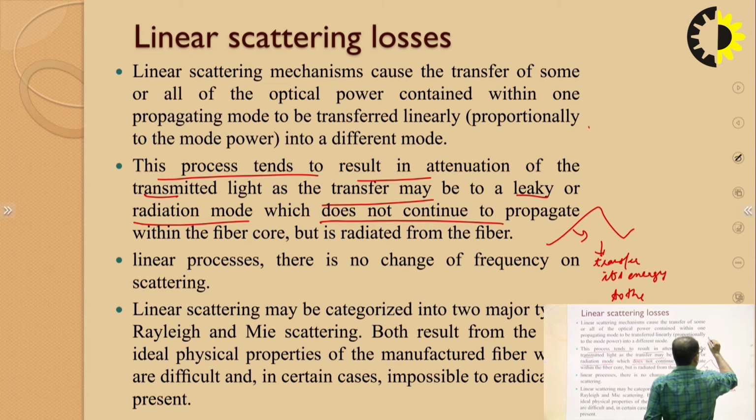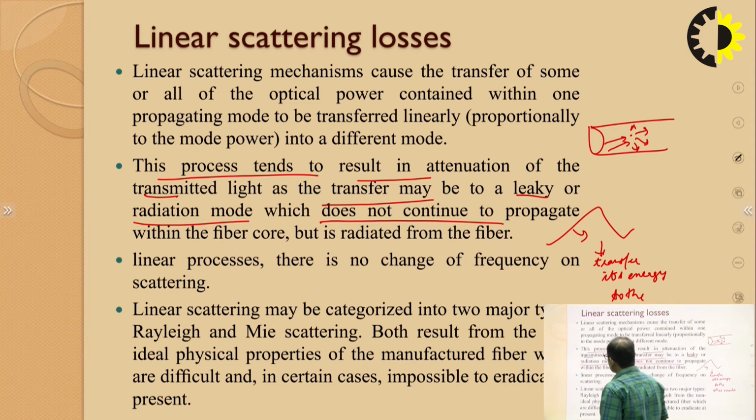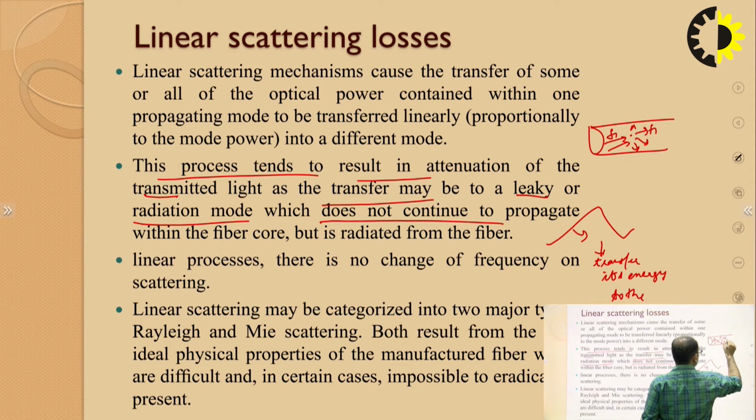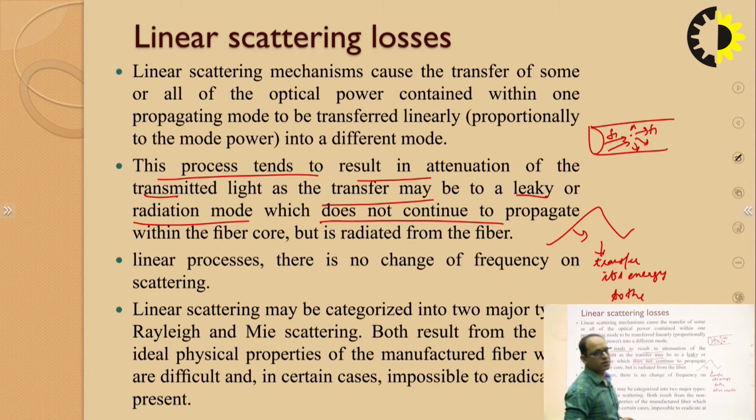So what is scattering? If this is the optical fiber cable and one of the materials present inside it is a particle, then when light is incident on this optical fiber cable, this light becomes scattered. Clear? So if this is a frequency f1, after scattering the frequency will not be changed. So in the linear process there is no change of frequency on scattering.